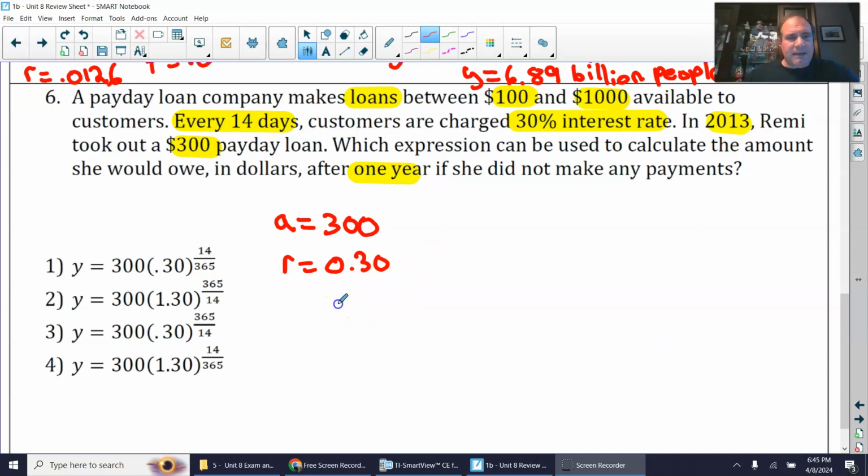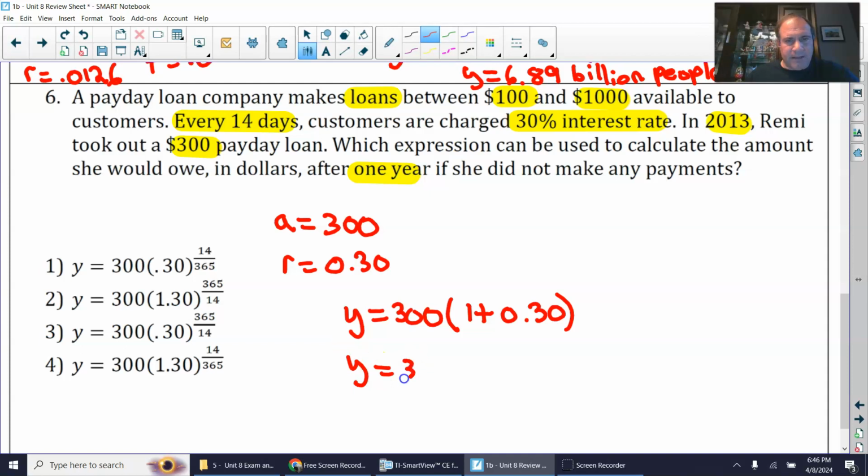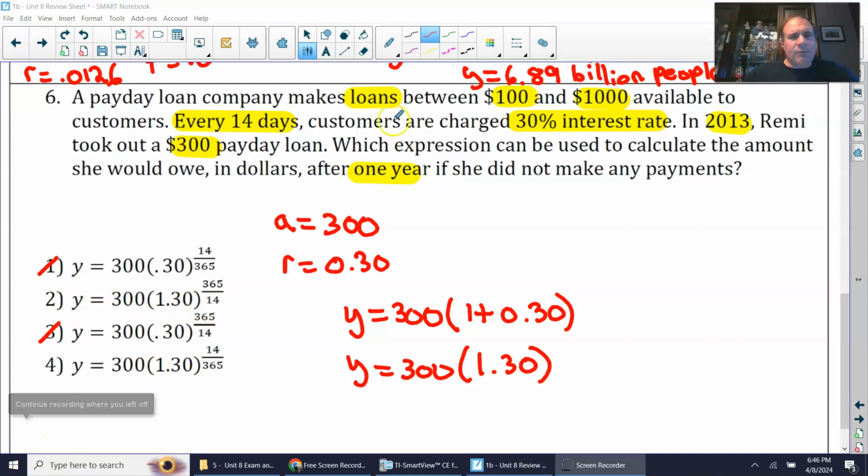So we're just looking at Y equals 300, which all of them start with 300, so we're good there. It is 1 plus the 0.30, and then let's just worry about the t in a second. So it's 1.30. So this is out, and so is this. So it's 1.30, 1.30, and we're talking about every 14 days right here.